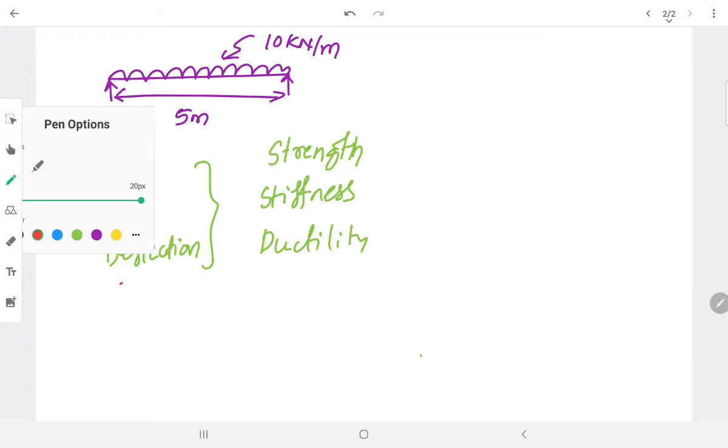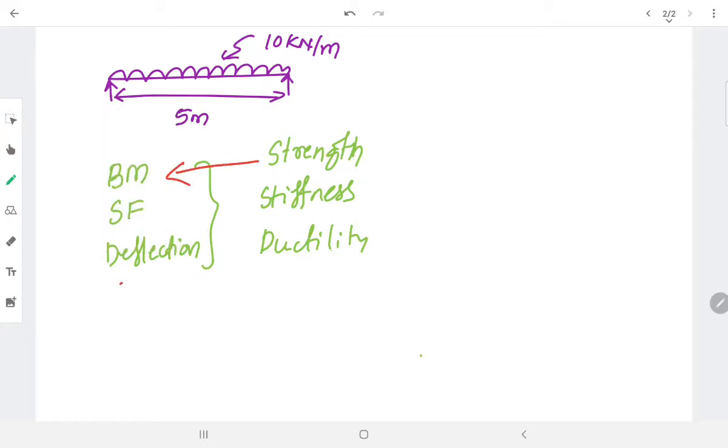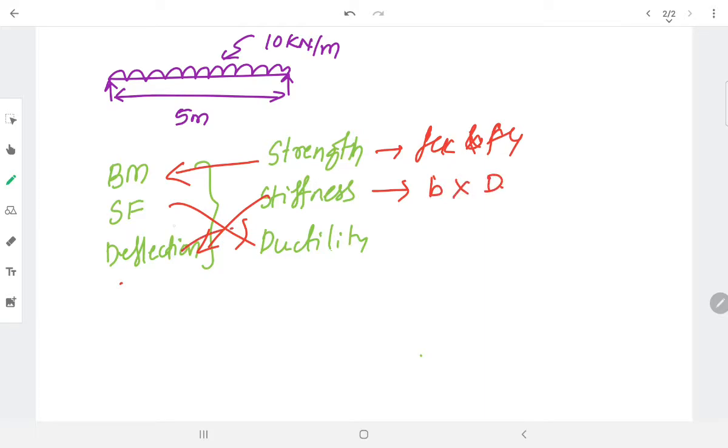Mainly the strength is nothing but to resist the bending moment, and it depends on the grade of concrete and grade of steel. Stiffness: when the dimensions B and D are fixed properly, we can provide the stiffness that avoids the deflection.